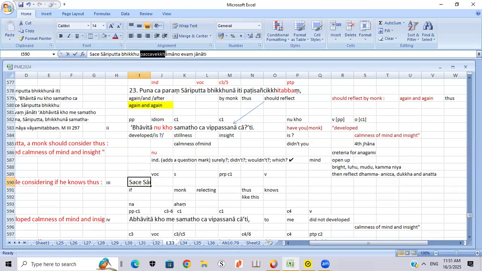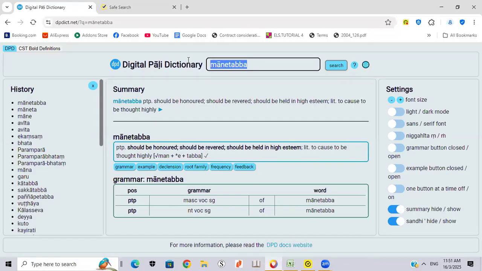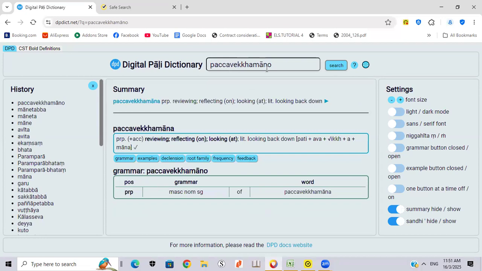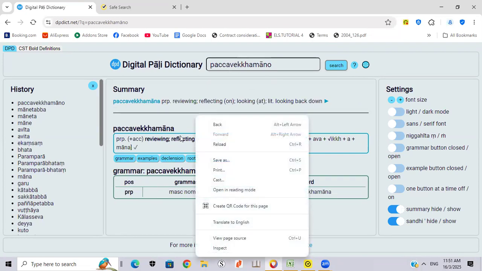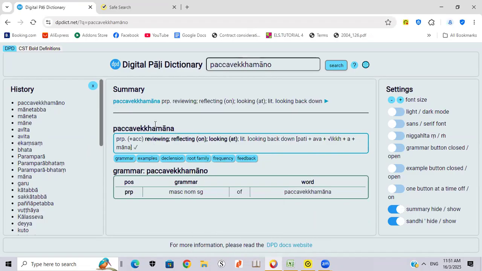It has a different root. Very important. You take away the mano, it becomes pacchaveka. Okay, see, reflecting or reviewing. That means you review or look at the mind.